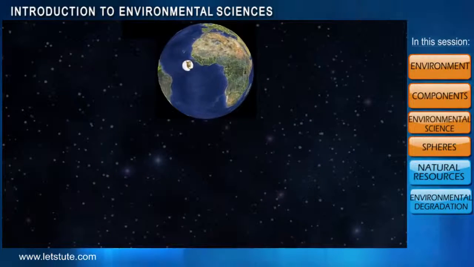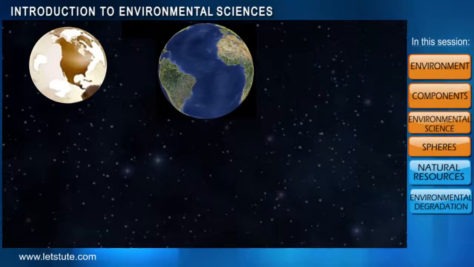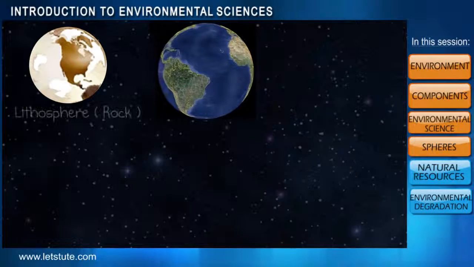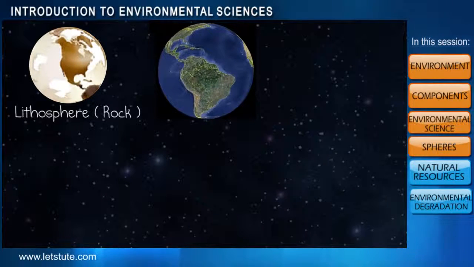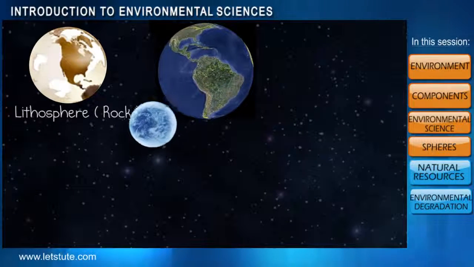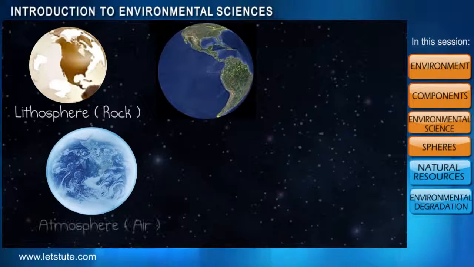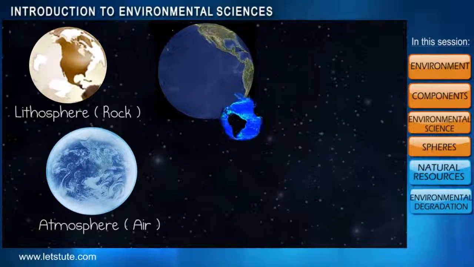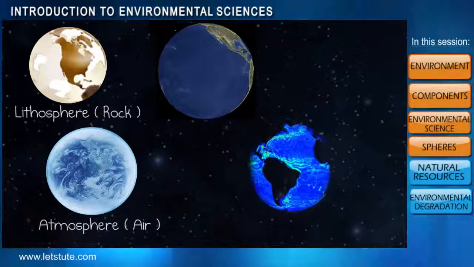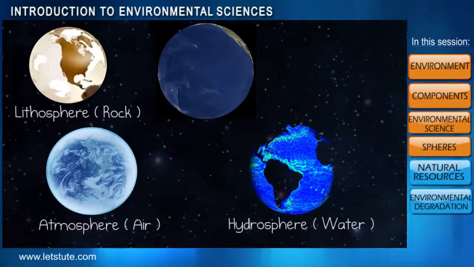Now if we take the entire land surface on the Earth and club it together, we get a separate sphere called the lithosphere. Similarly, the air surrounding our Earth's surface can be taken as one sphere called the atmosphere. The bluish part on our globe, which indicates the water surface, would form another sphere called the hydrosphere.